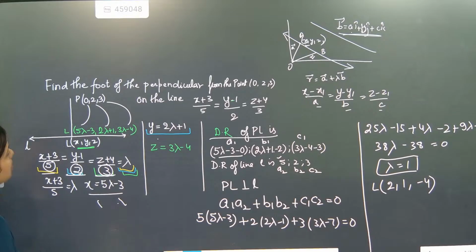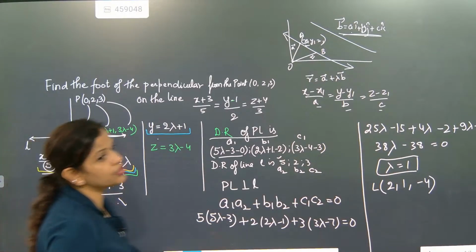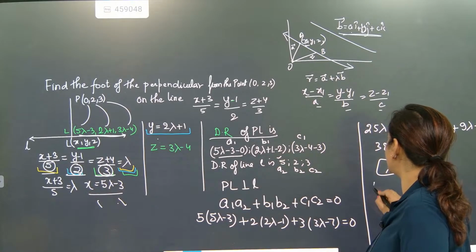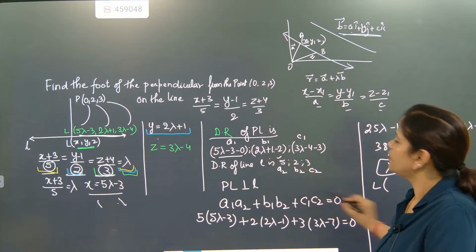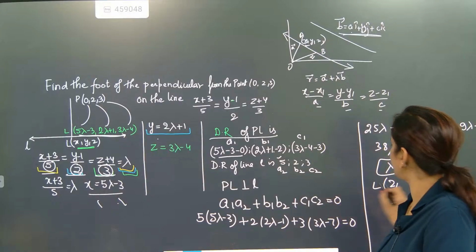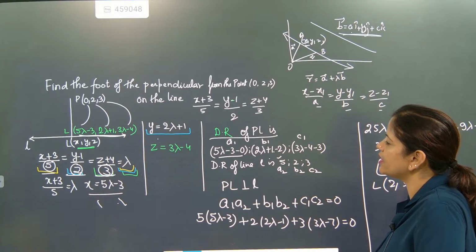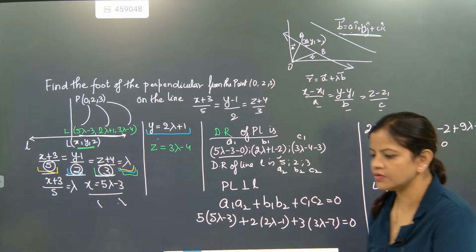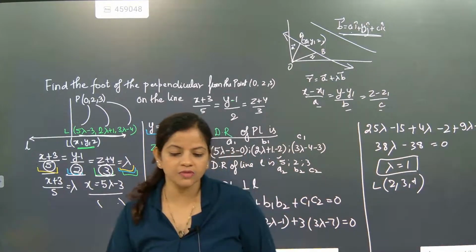Here also you can. Then here it will come as lambda. Okay, this point you are telling. Now I put it in the direction ratio. We have to put it in L. Now L is coming as what? L is coming as 2, and then it is coming as 3, and then it is coming as minus 1. 2, 3, minus 1. Okay, the foot part is coming as 2, 3, minus 1.